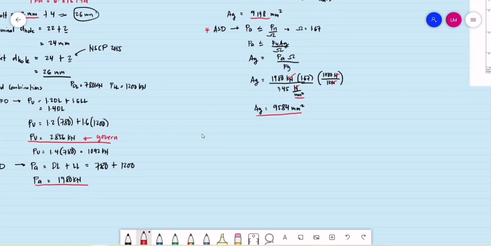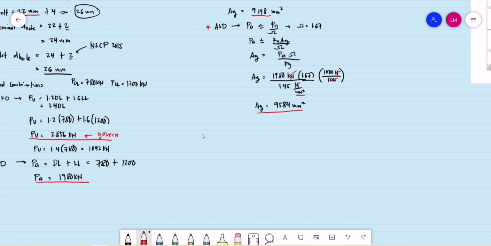So let us check the second one, the TRS, or the tensile rupture strength.